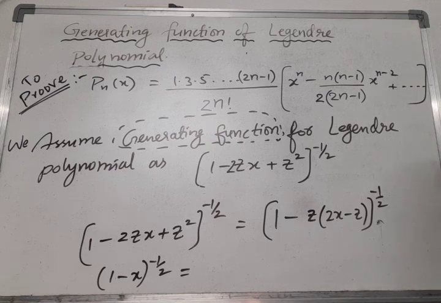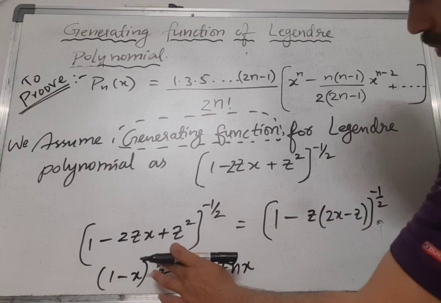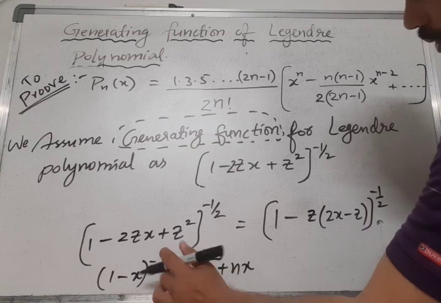Whenever we have the expansion of this form, it is ascending powers of x. You will get 1 plus nx. In the place of this 1 by 2, you take n.